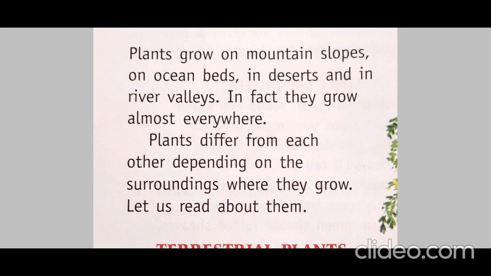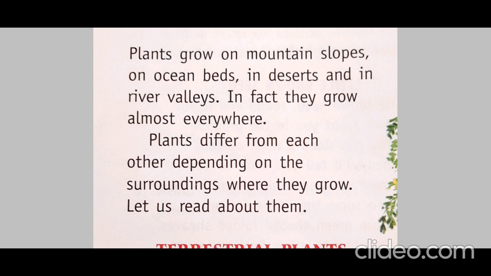You know, plants grow on mountain slopes, on ocean beds, in deserts and in river valleys. In fact, each and every place. They grow almost everywhere. But plants differ from each other depending on their surroundings, where they grow.